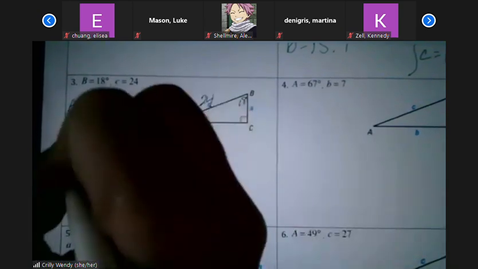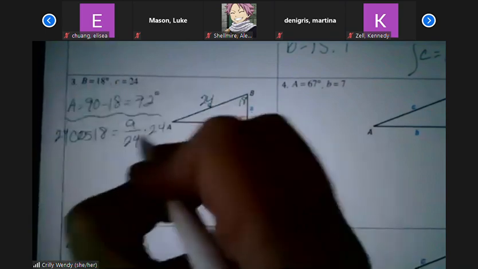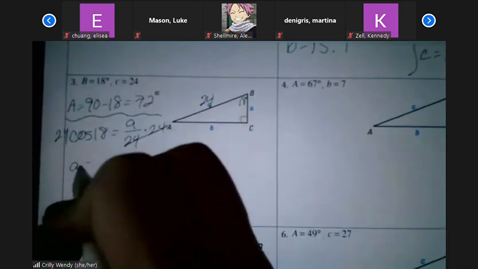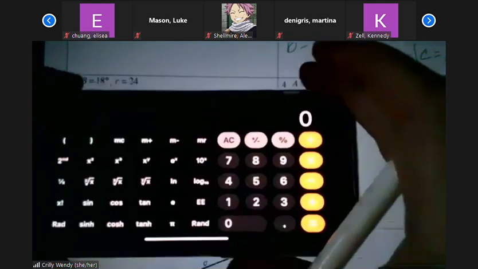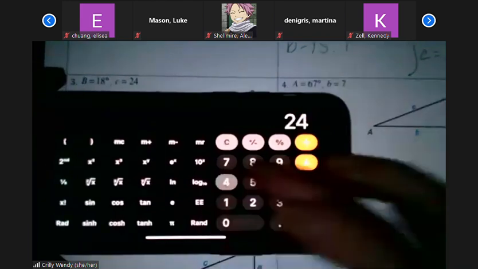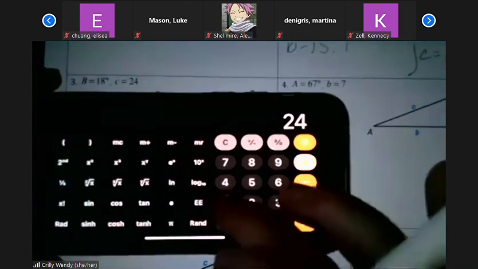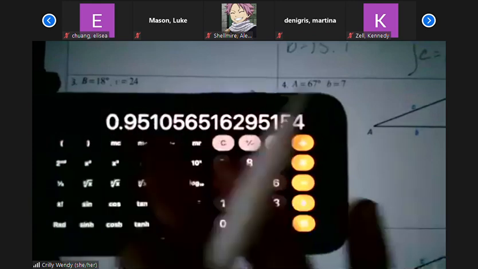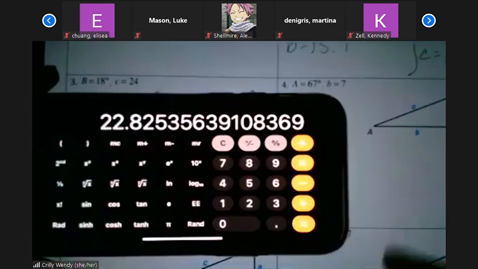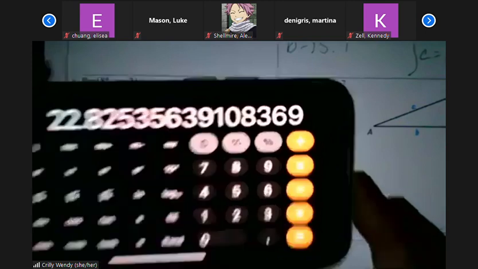Multiply both sides by 24. And here's our calculator. I need to do 24 times the cosine of 18. So 24 times 18 cosine, but again, that's the cosine of 18. I still have to hit equals to get 22.8.